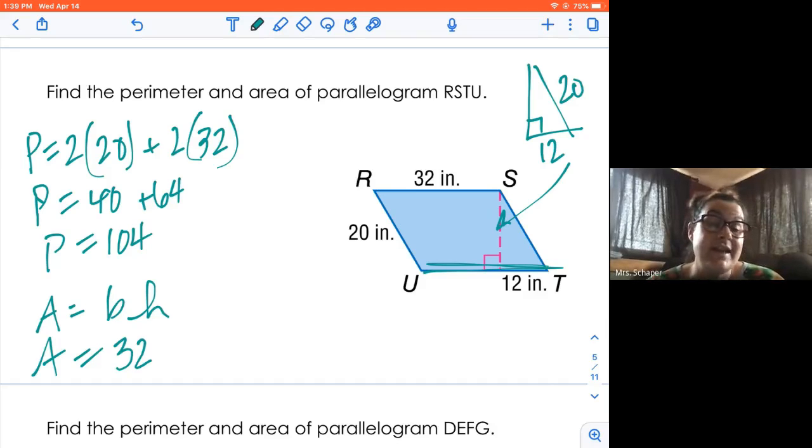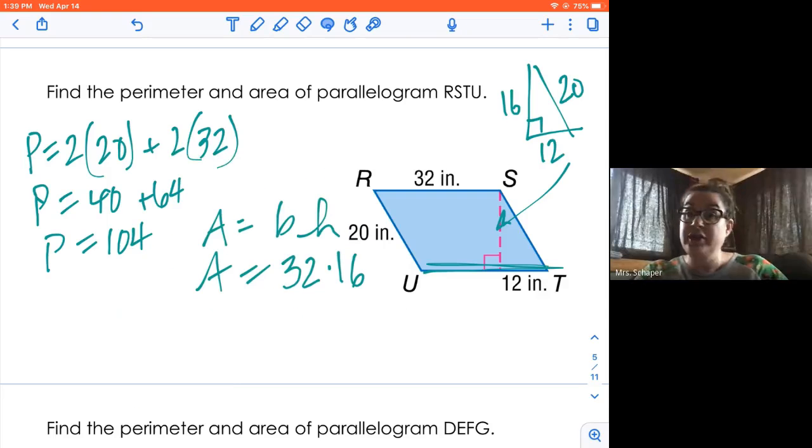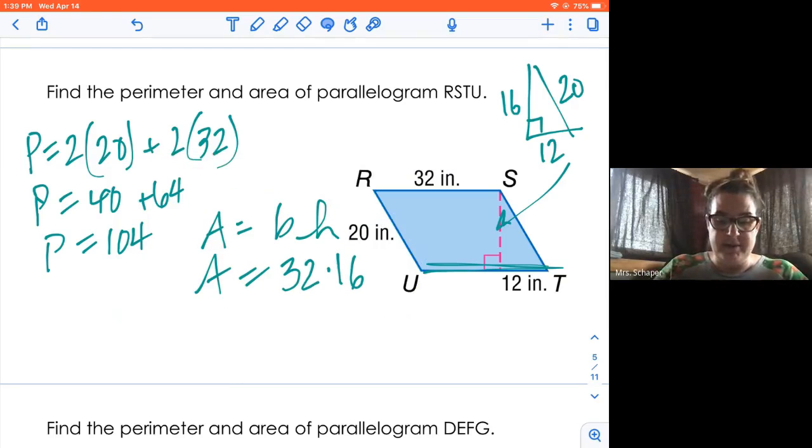And when I look at this, I see that it's a 3, 4, 5 triangle. So my height is 16. It's a multiple of a 3, 4, 5 triangle. So I'm going to take 32 times 16. So my area, let me shift this over here a little bit. So 32 times 16, I'm going to go ahead and multiply those out.